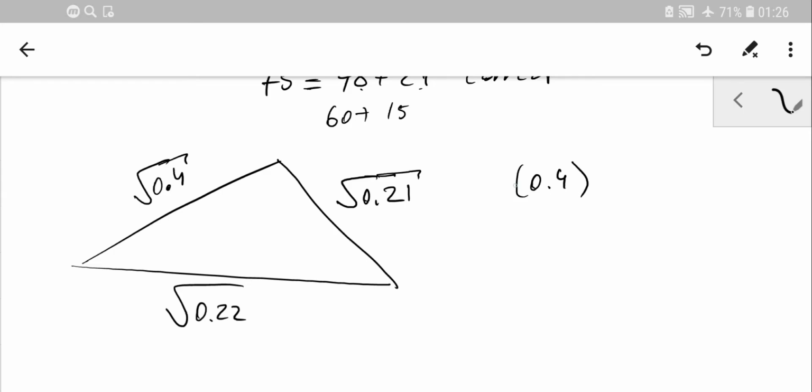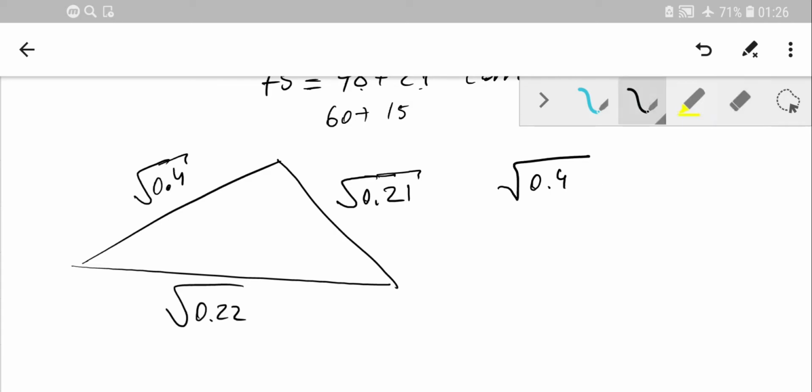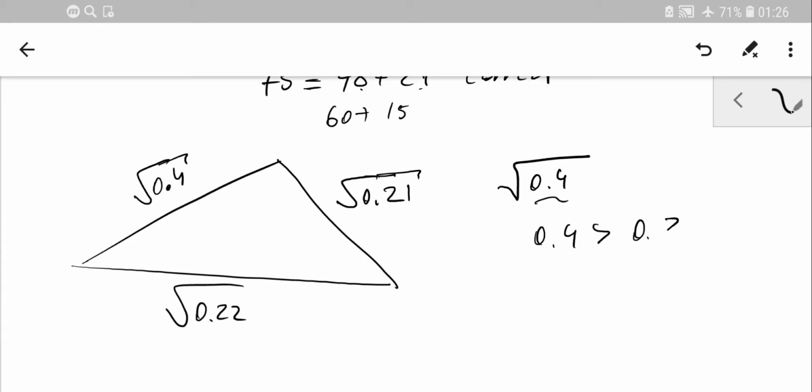Now let's use the calculator and see. Under the root, 0.4 is obviously more than 0.21. But let's compare how it works with the roots.